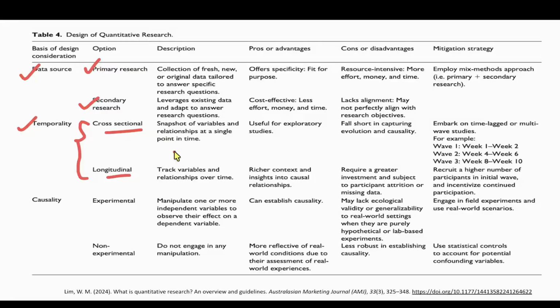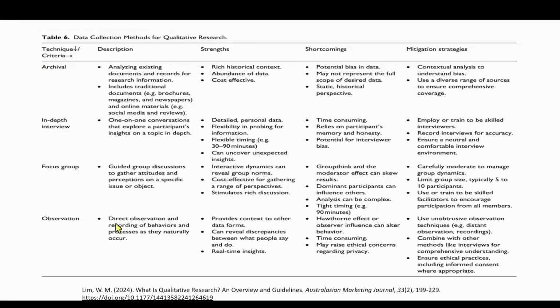It is also done in controlled experiment based research as well, but we have to specify in the research methodology how we are doing it. And then comes the causality, whether it's experimental or non experimental, and further in detail we have to elaborate it in the research methodology part if it's a quantitative research article.